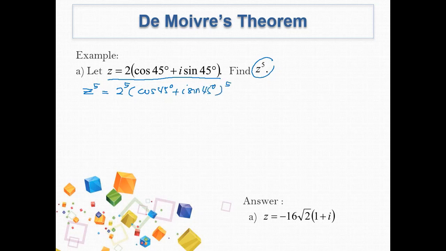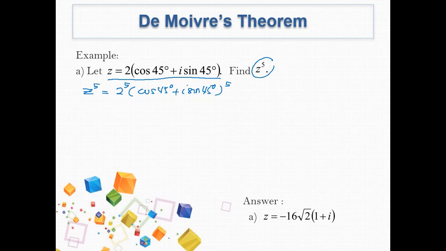If we apply the common way, we need to multiply the term in the bracket 5 times. We don't want to do that. We just apply the De Moivre theorem, so it will be easier and simpler.